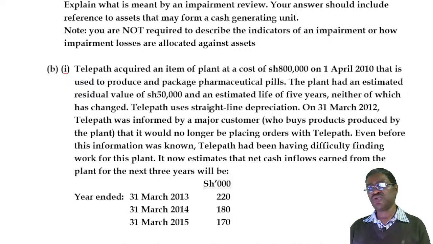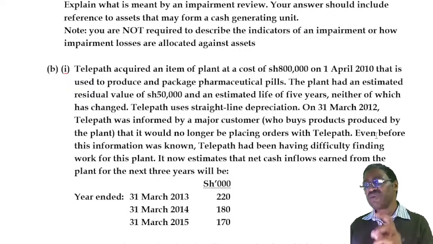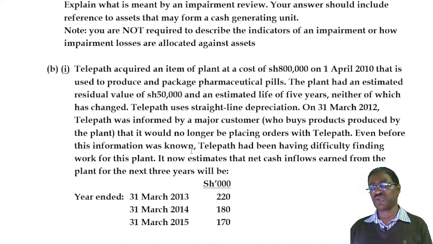Telpath uses straight line depreciation. On 31st March 2012, Telpath was informed by a major customer who buys products produced by this plant that it would no longer be placing orders with Telpath. Even before this information was known, Telpath had been having difficulty finding work for this plant.